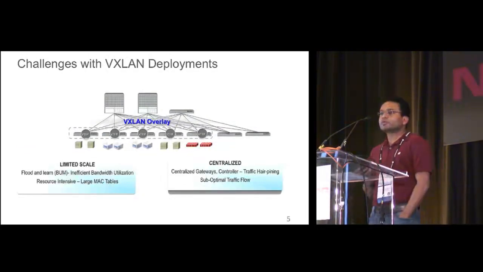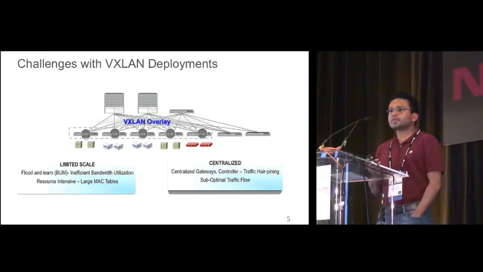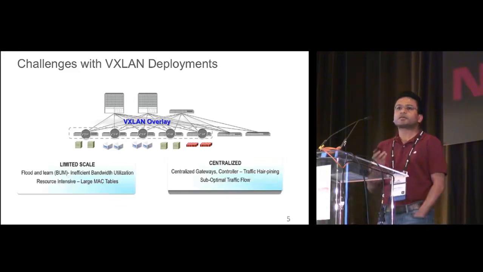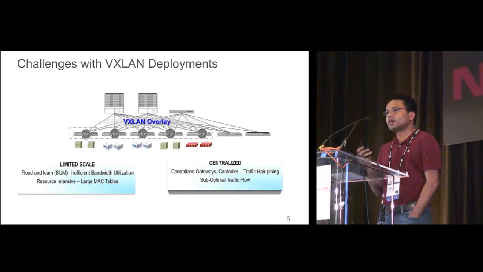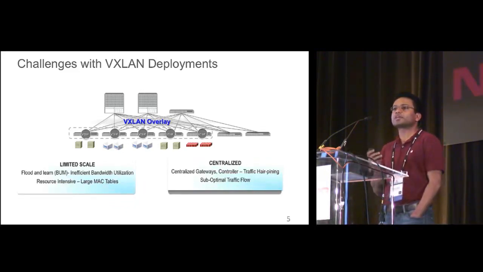Now coming down to the challenges with VXLAN. The base VXLAN technology uses flood and learn with multicast on the underlay. With this, any remote host or remote VTEPs are learned using ARP flooding as well as unknown unicast flooding.